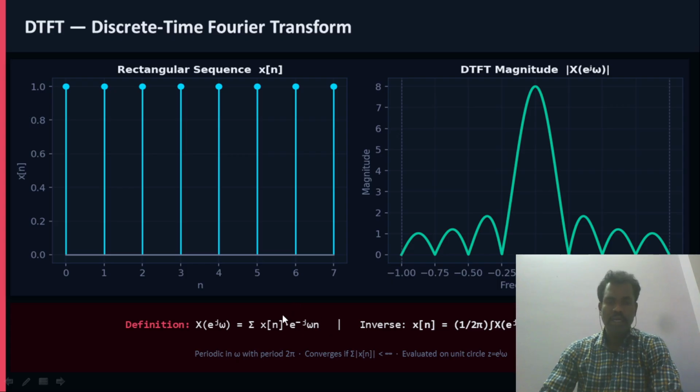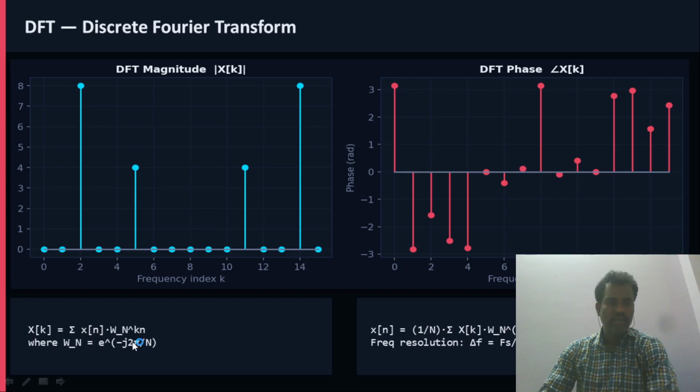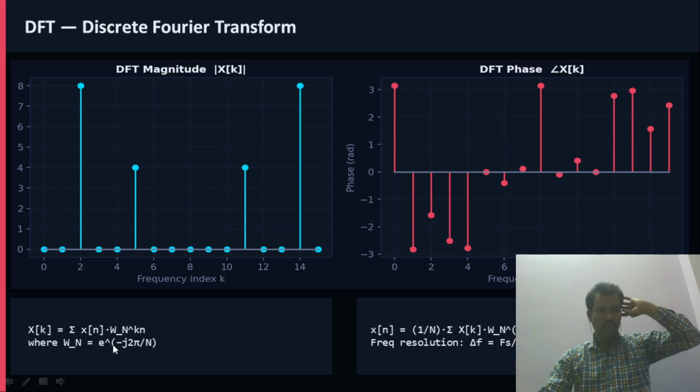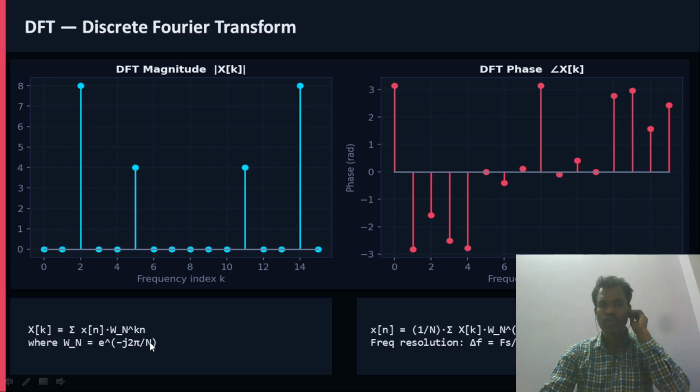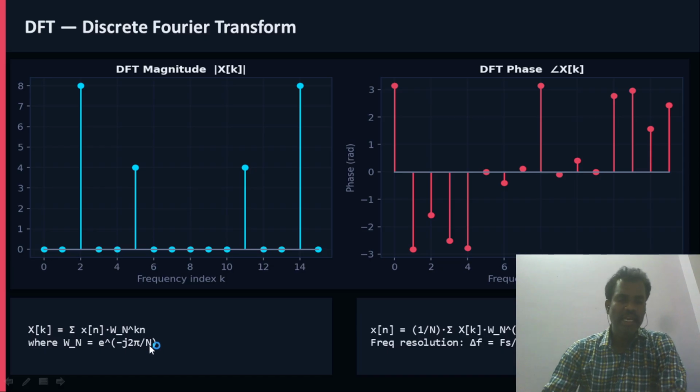Hence, e power minus j 2 pi by N is W subscript capital N, the whole power kn. Hence, the formula becomes sigma x of n into W subscript N whole power kn, where W N is equal to e power minus j 2 pi by N, because the 2 pi interval is divided into N samples.